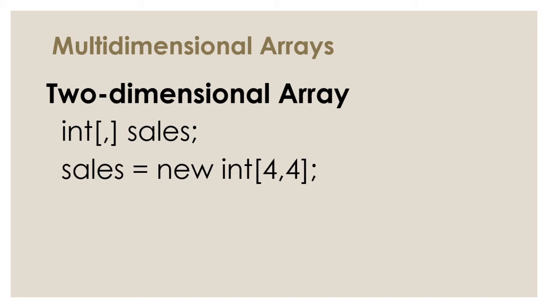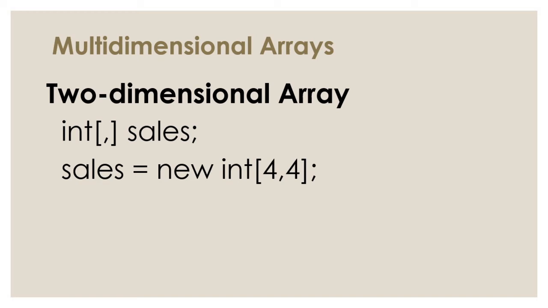After that, you have to later specify those bounds. You can put sales equals new int bracket 4, comma 4, and then the closing bracket. And what that's going to do is it's going to make the matrix 4 rows and 4 columns.